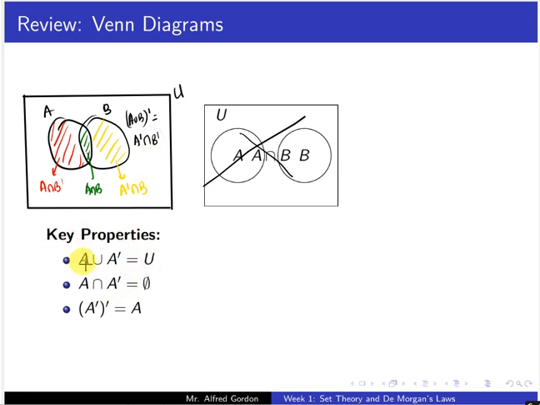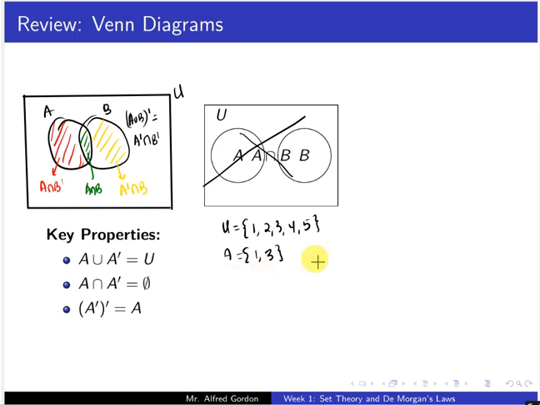Now some key properties. For a set A, A union its complement gives us U. Let's find out. Let U be a set with elements 1, 2, 3, 4, 5, and let set A be a set with elements 1, 3.